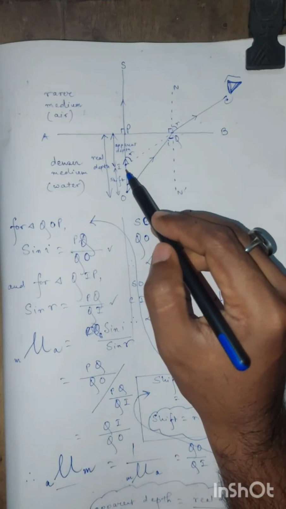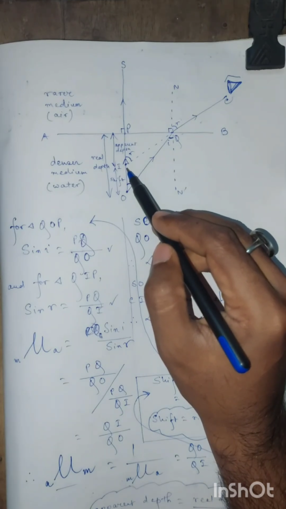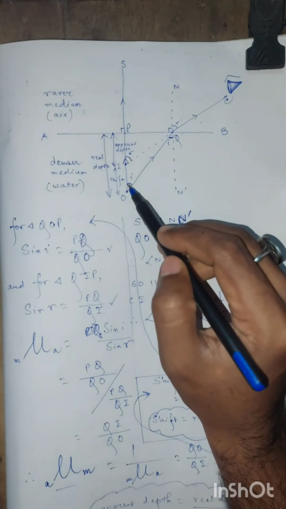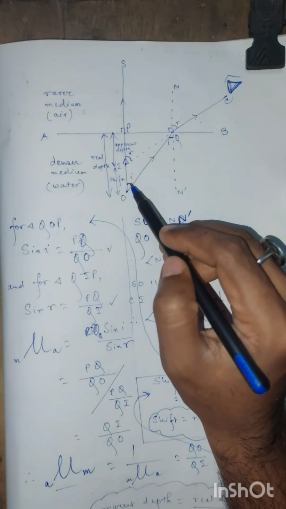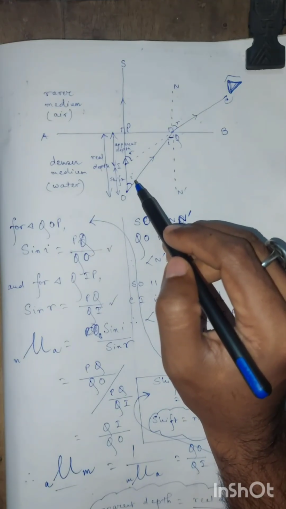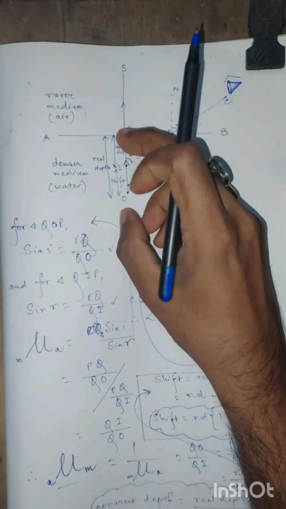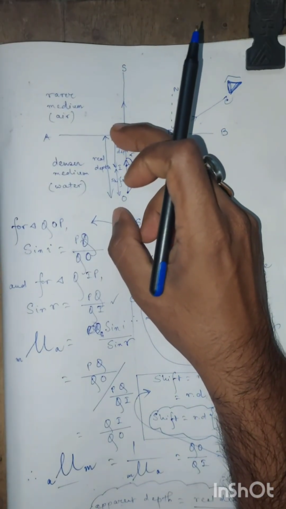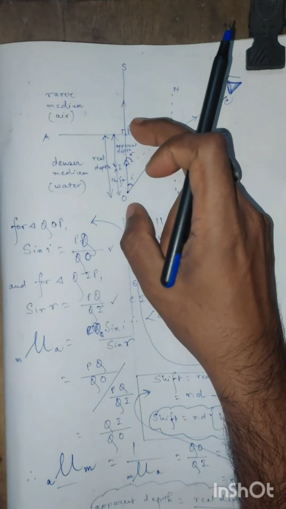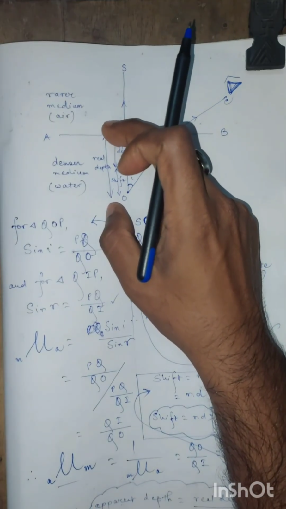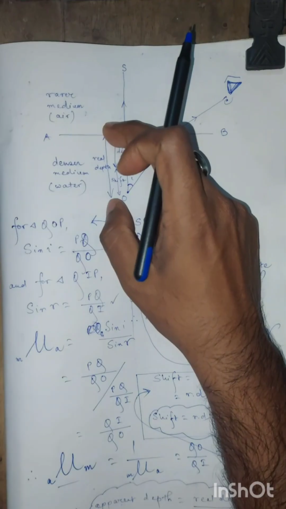Obviously, this is a virtual image. So we can see the object is placed at a depth of PO. This is called the real depth.